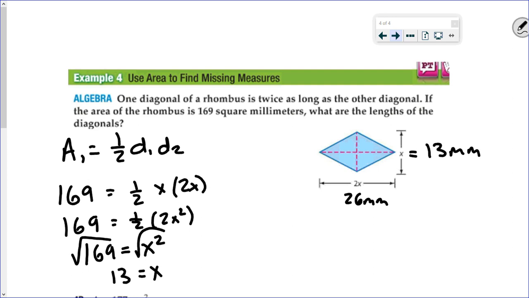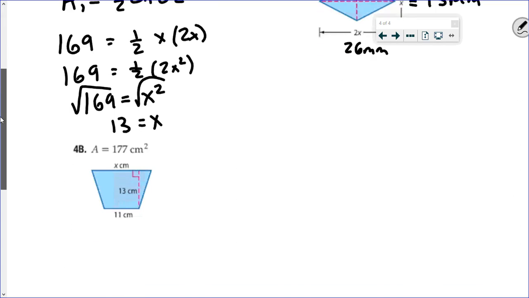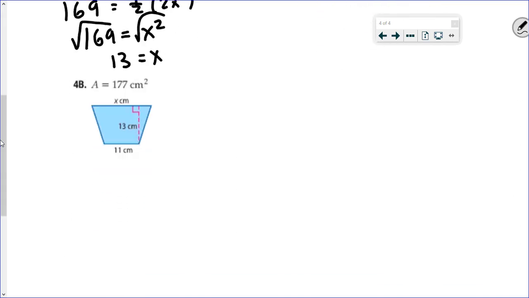So you can do the same type of things we did in the triangles and parallelogram section. You can do the same deal here with the trapezoid: find the missing length of a base. You've got to use area. Again, our formula for trapezoid area is 1/2 b1 plus b2 times your height.